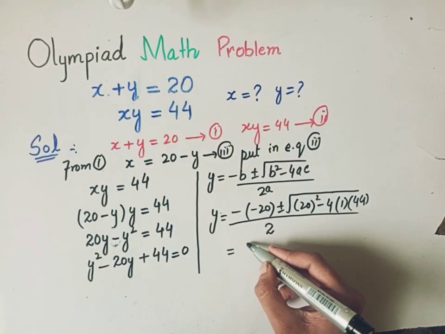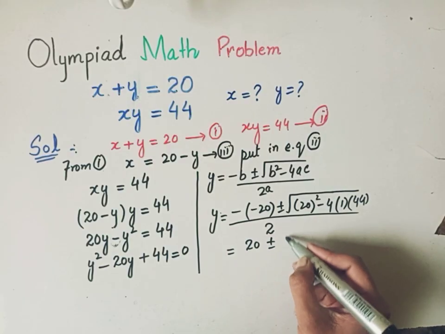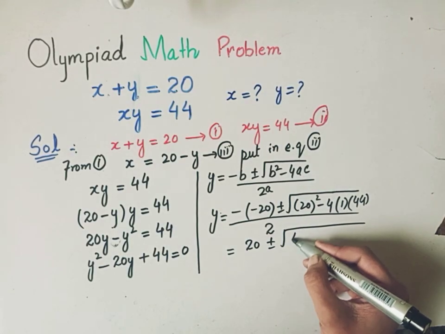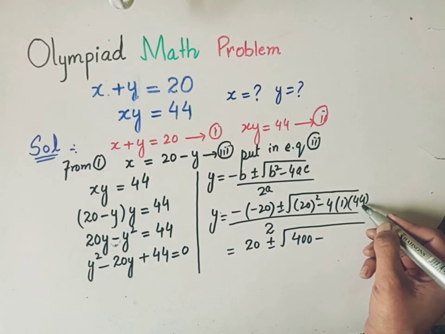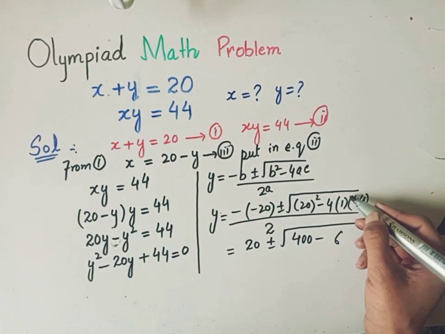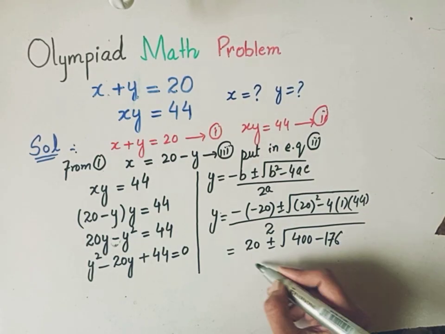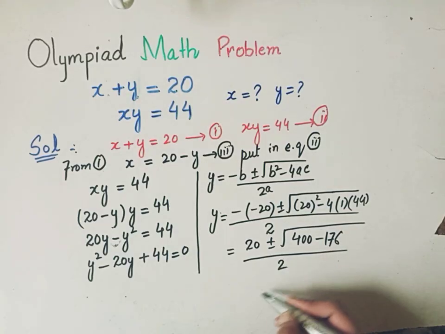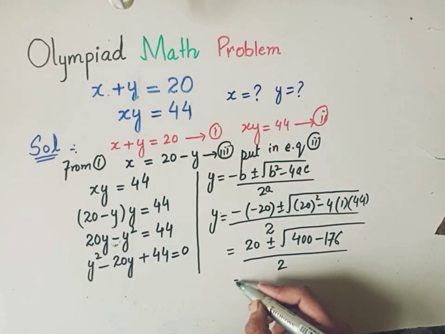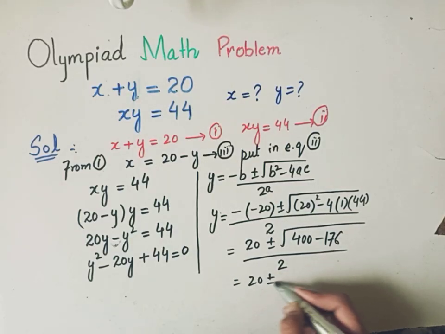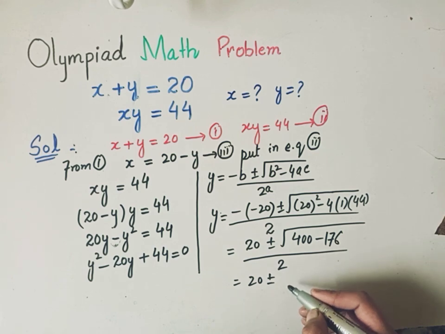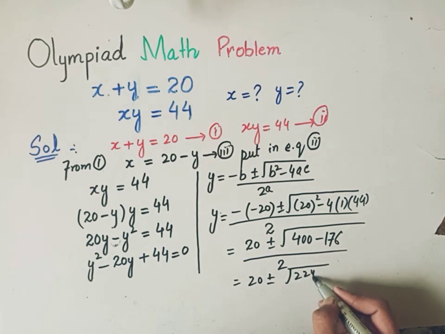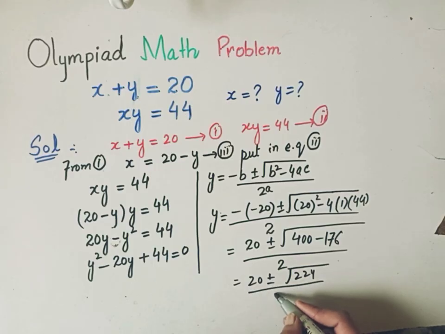So, this will become 20 plus minus root 20 square is 400 minus 4 fours are 16, 4 fours are 16 and this is 176, divided by 2. So, this equals 20 plus minus root, we will subtract this and get 224, divided by 2.